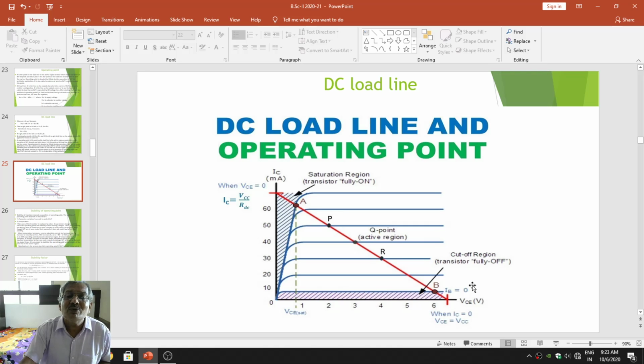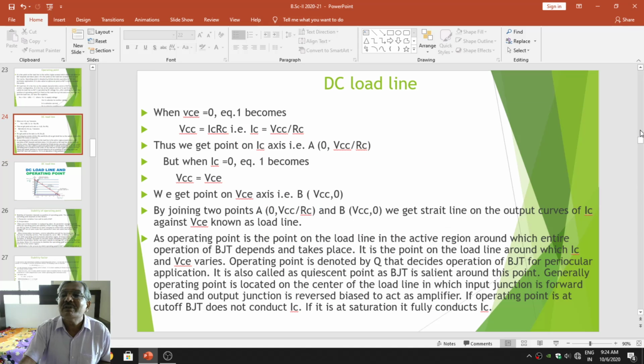So this is how one can locate the operating point of the BJT on the load line and allow the BJT to work as an amplifier, or as a switch. Friends, this is how, by using trial and error method, one can locate the operating point.